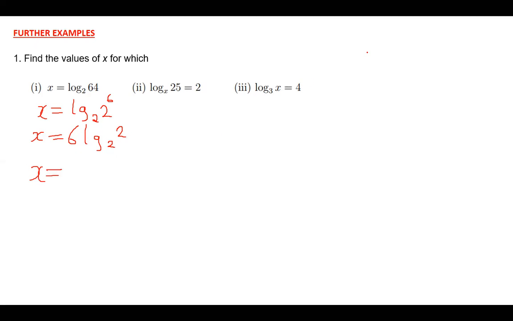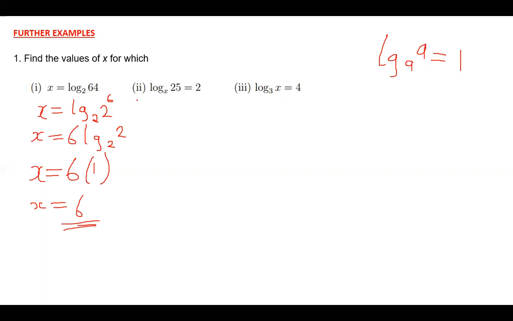According to the rules of logarithms, we know that log a base a is equal to 1. So while there is log 2 base 2, this part is just equal to 1. So I'll write 6, and then for log 2 base 2, I'll put 1 there. So the value of x here is nothing but 6.